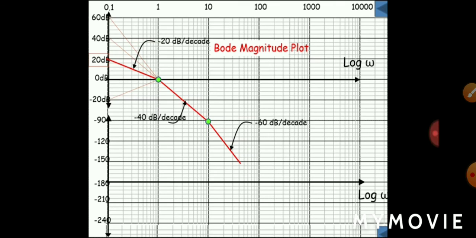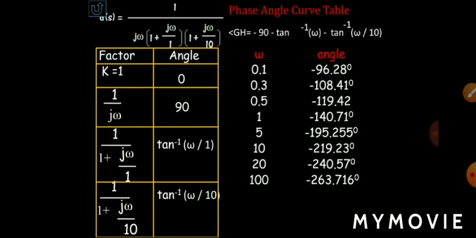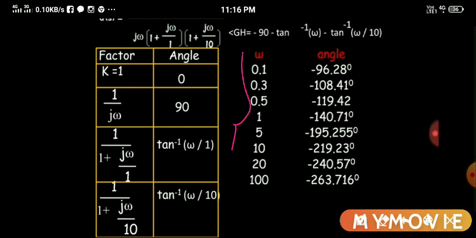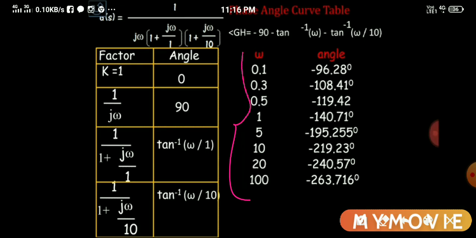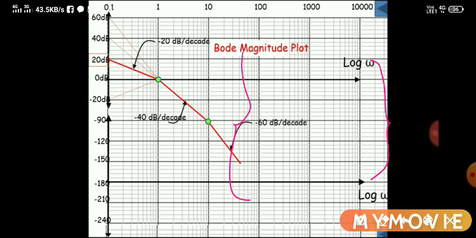So minus 180 will be our reference line for all the problems. Then, for the omega values you can take your own omega values, and you got some values for them.